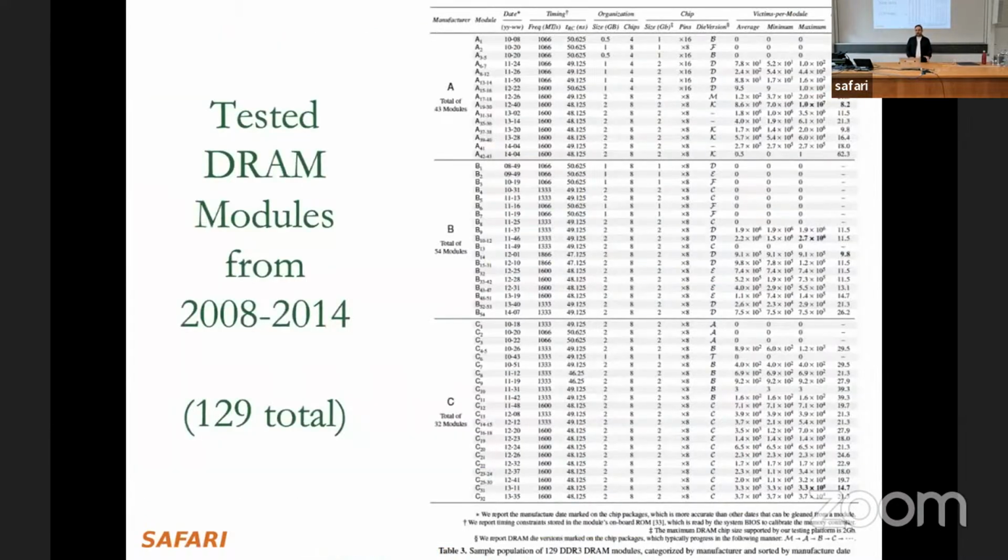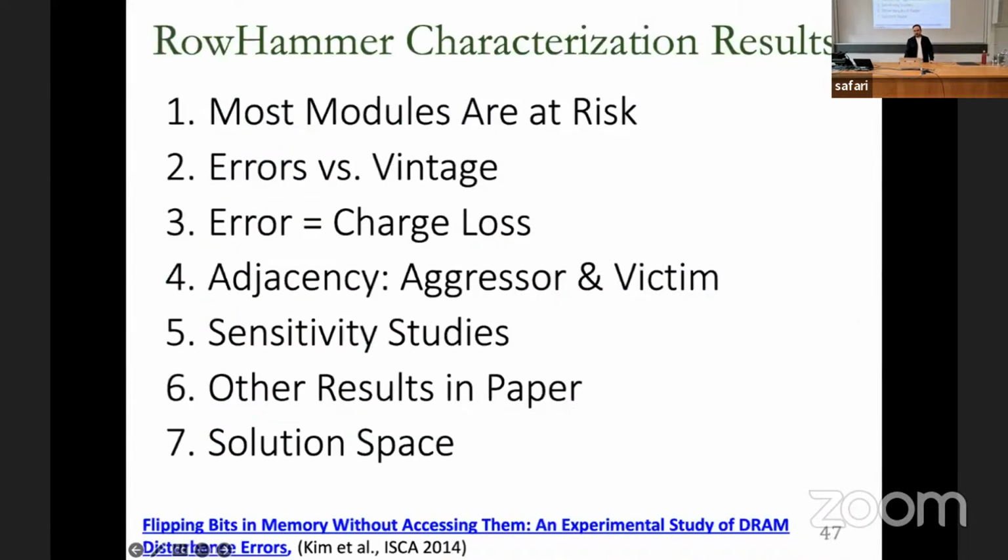In this work, we tested 129 DRAM chips. They were manufactured from 2008 to 2014. They are from 3 major manufacturers, and you have all the information about these DRAM chips in the full paper. To summarize the characterization results, most modules are at risk, meaning that we can induce bit flips in these modules. And you have this trade-off based on that data.